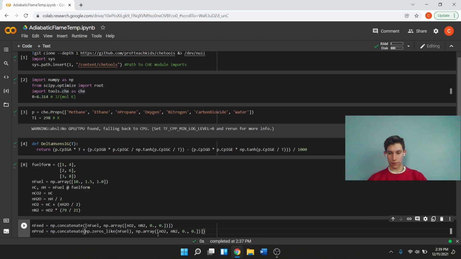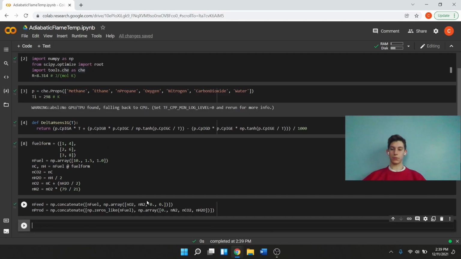And then we have no oxygen left. We have the same moles of nitrogen, and then we have the moles of the carbon dioxide, and then our moles of water, and making sure that these line up. So this zeros-like array will cover the first three, and then we have no oxygen left, so 0, the moles of the nitrogen, carbon dioxide, and then water. So let's see if this is correct. And that works.